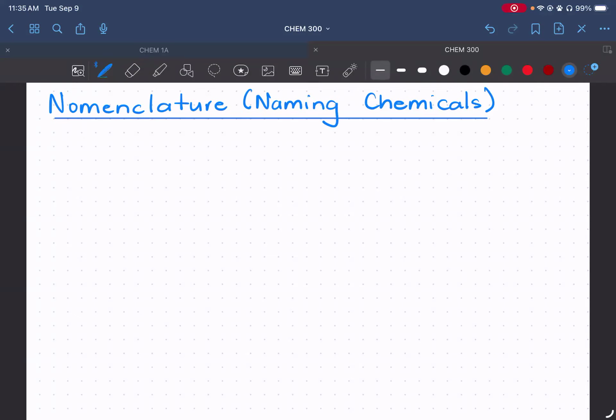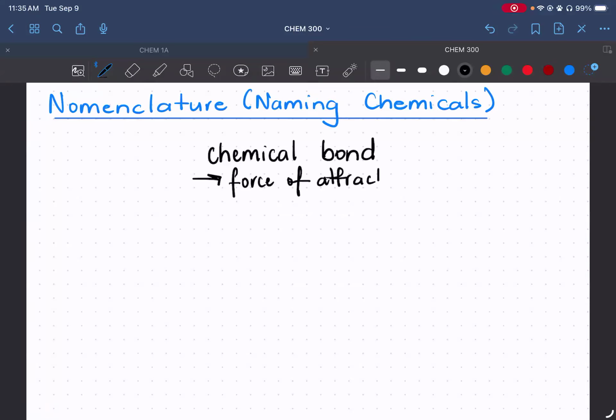To understand how to name chemicals, we must first understand the concept of a chemical bond. A chemical bond can be thought of as a force of attraction between 2 atoms.